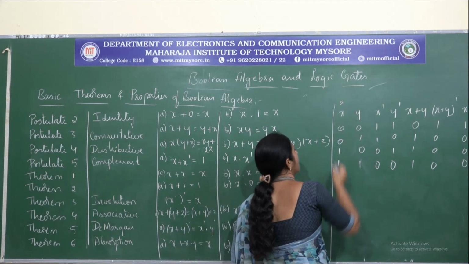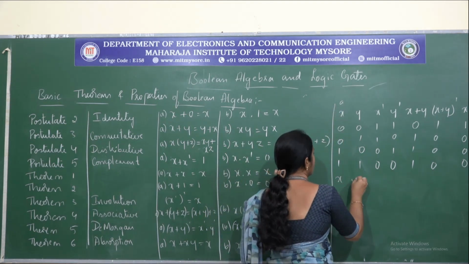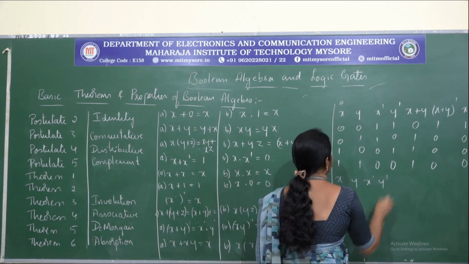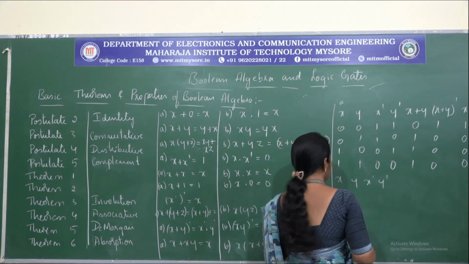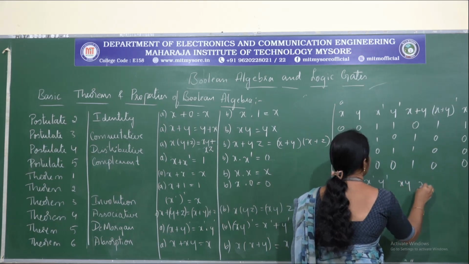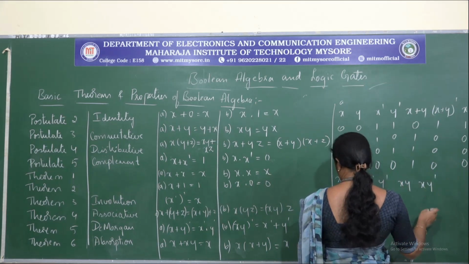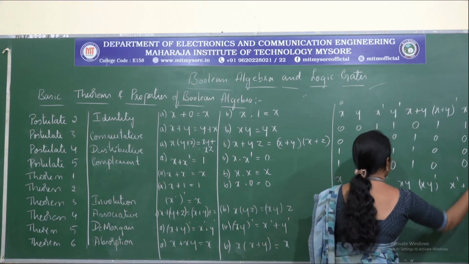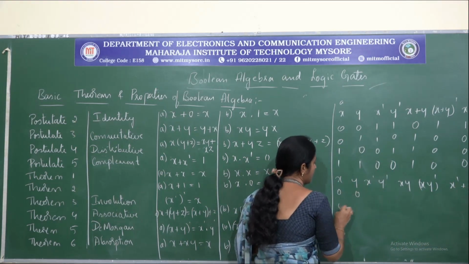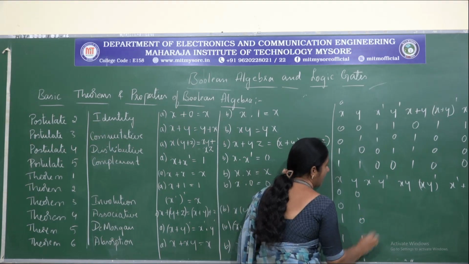Next, if you consider part B, we have xy, then xy whole dash, then x dash plus y dash. Let me consider 0 0, 0 1, 1 0, 1 1.